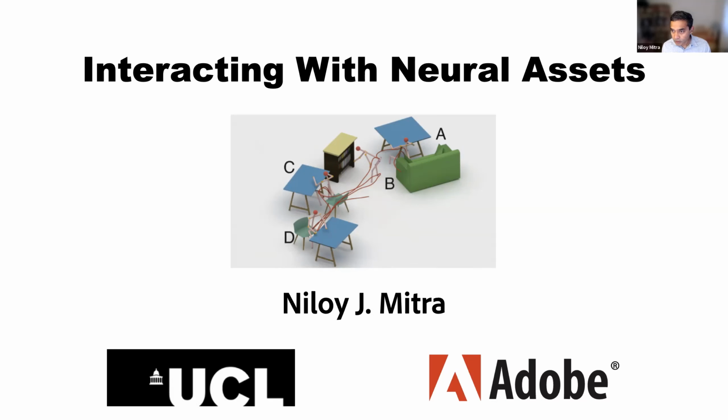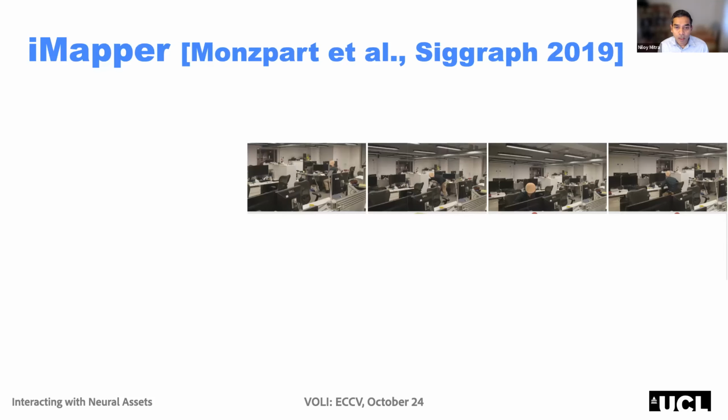A task that we often need to do is the following: we have observations of the world. Here we have a video sequence or a set of inputs. This is our old office building at UCL with people interacting. We want to get an abstract understanding of the world for subsequent interactions.